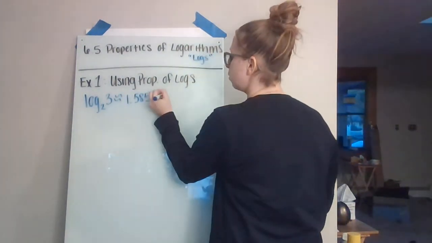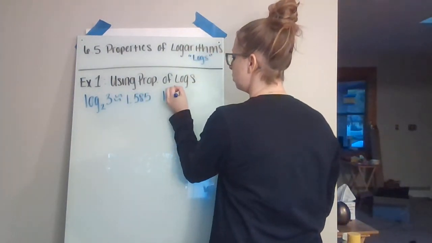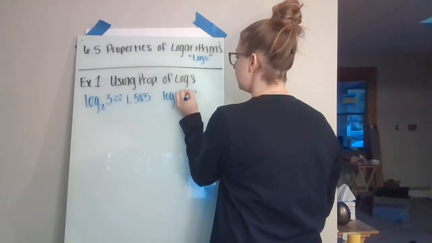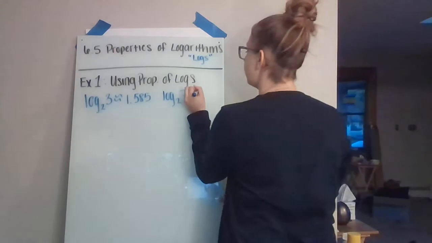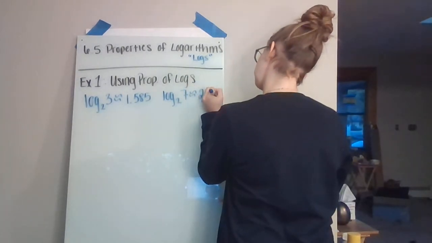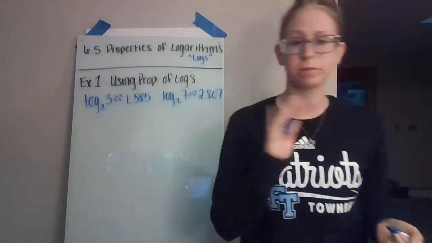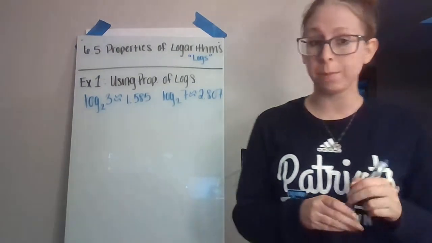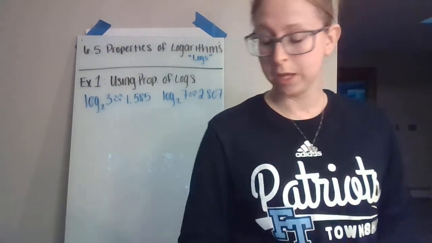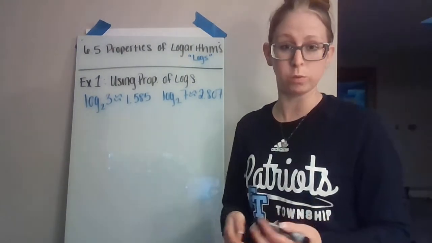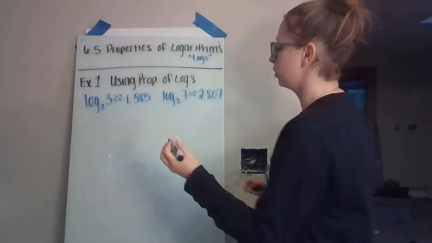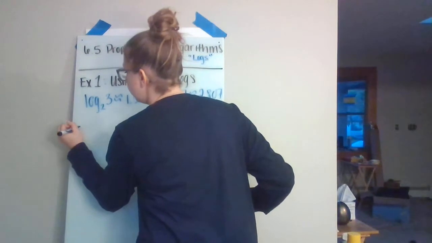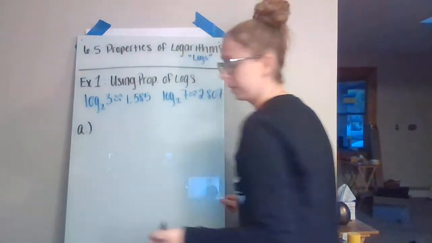I'm also going to tell you that log base 2 of 7 is approximately 2.807. So I'm giving you that. You don't have to find it. What I am going to also give you is different logs to evaluate using only those numbers. That is all you can do. So you're going to use the properties of logs and these numbers. So let's start with the first one.